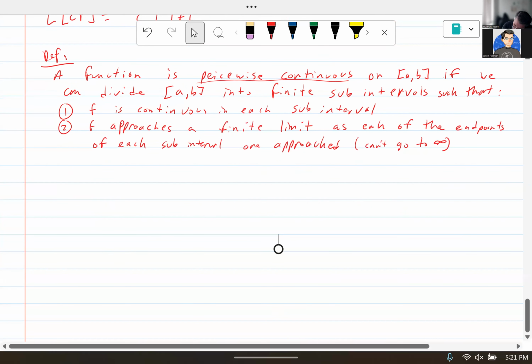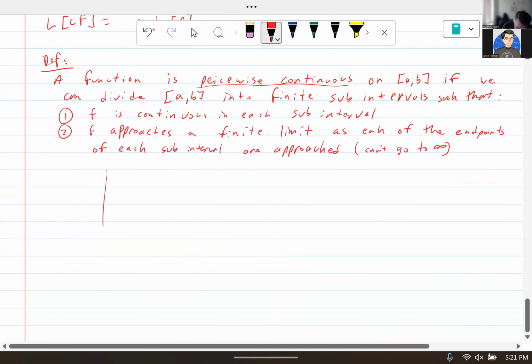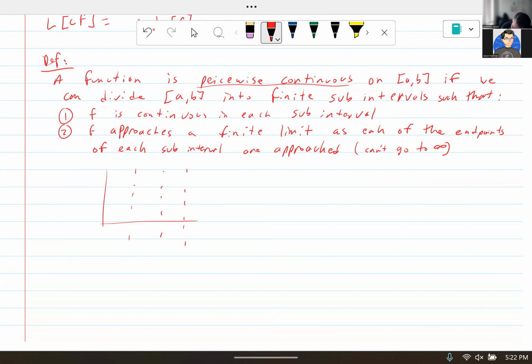So what's an example of piecewise continuous? If I've got three subintervals, I can have something that looks like this, and then maybe it goes there, and then it goes like this.